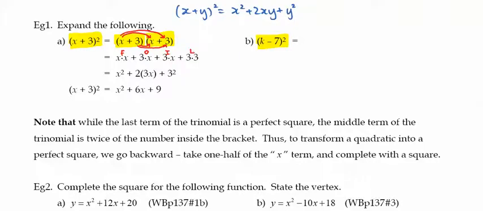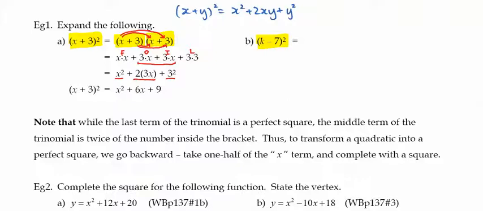So as you simplify the expression, we have x squared at the beginning, 3 squared at the end, and the two middle terms are the same. So you're basically adding 3x two times.